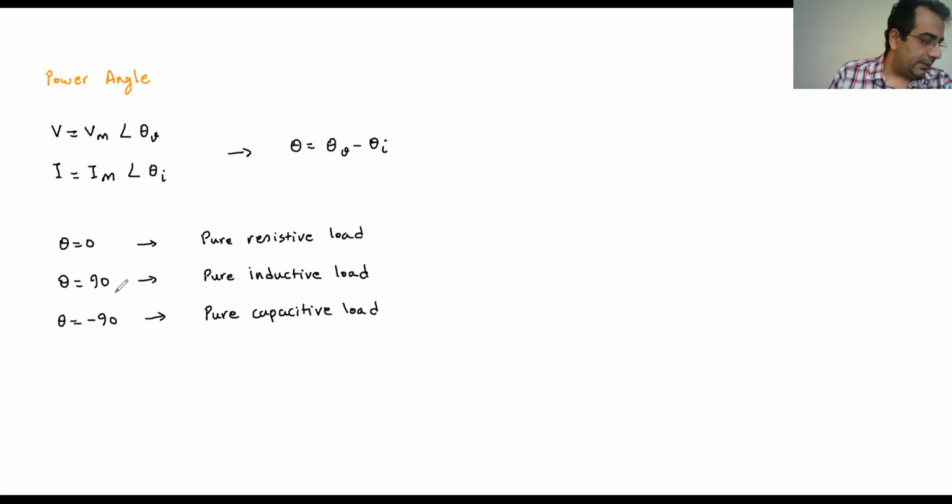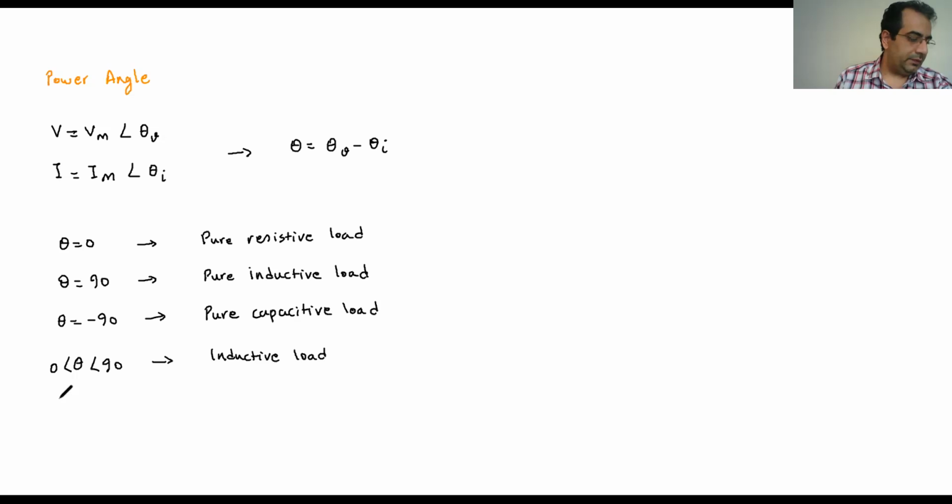If theta is between 0 and 90 degrees, where 0 would be resistive, the general behavior of the load is like an inductive load.